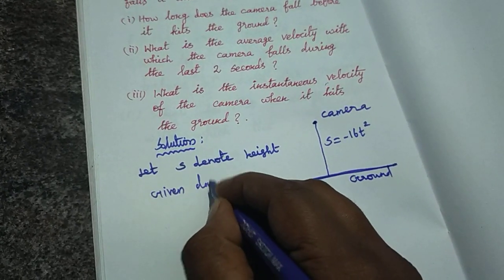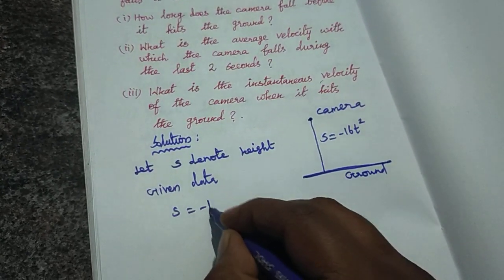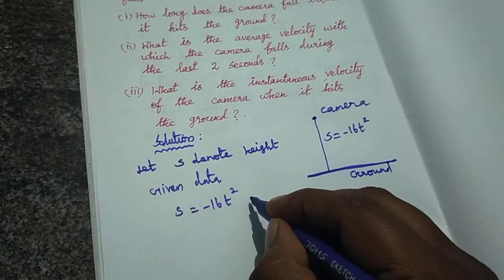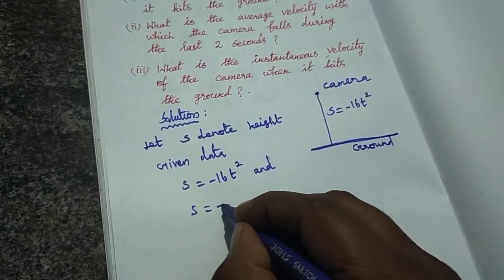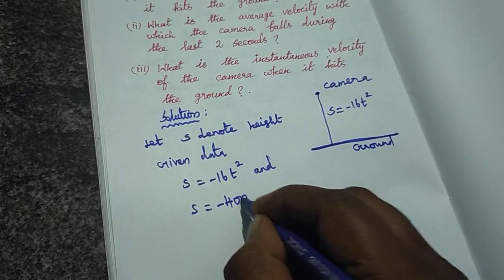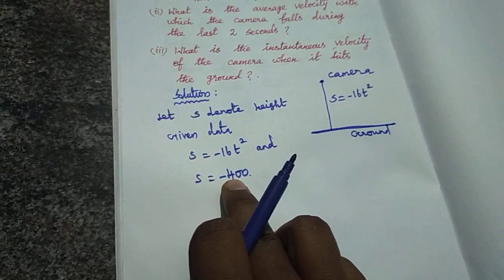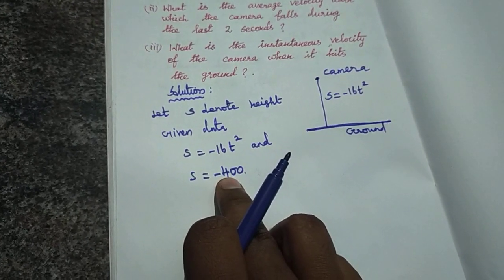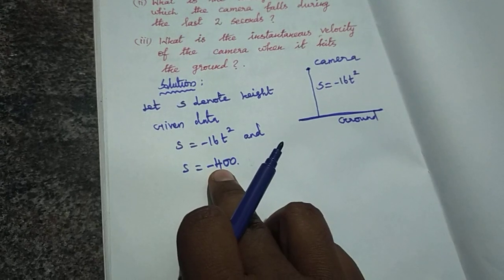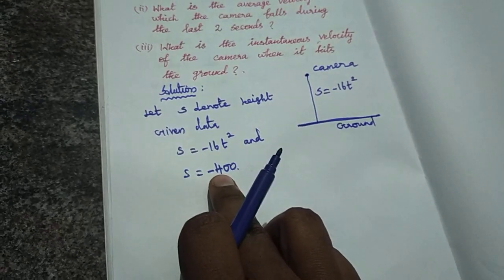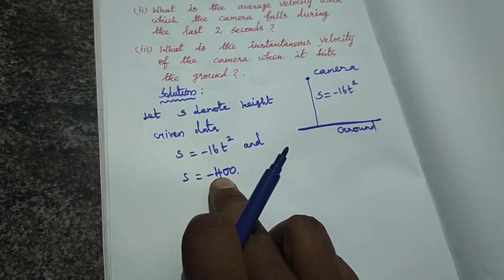Given data: s = -16t² and s = -400. Why are we selecting minus 400? Because the camera is accidentally knocked off an edge of a cliff, so it is downward motion, so we take a negative value.